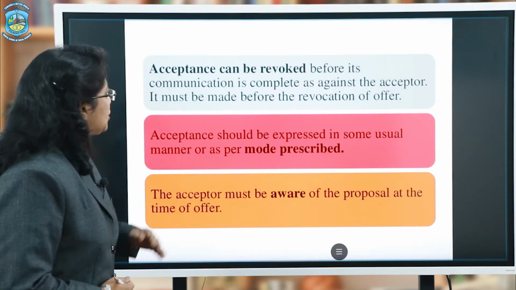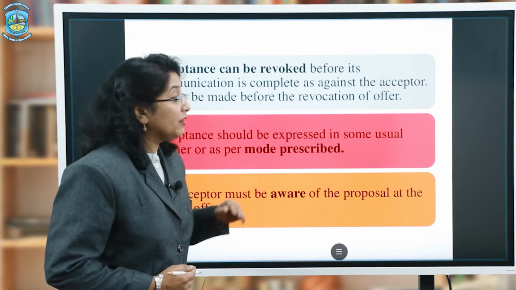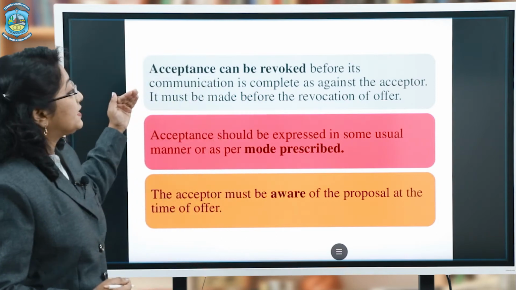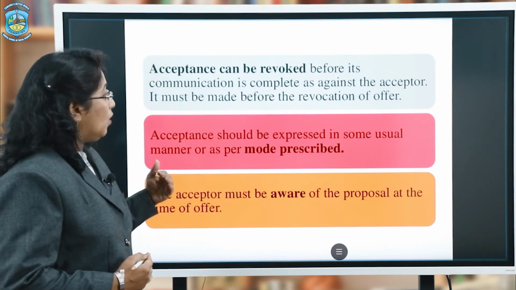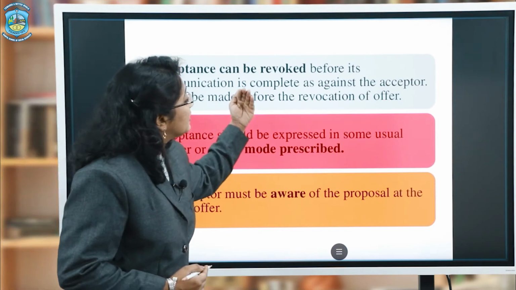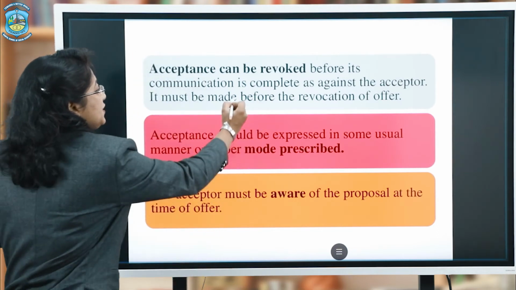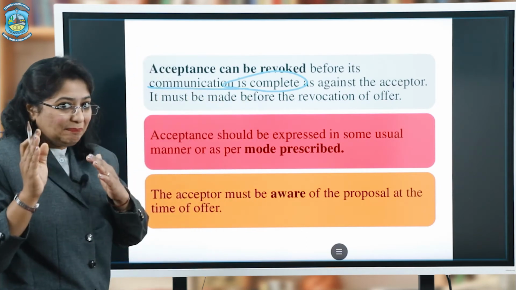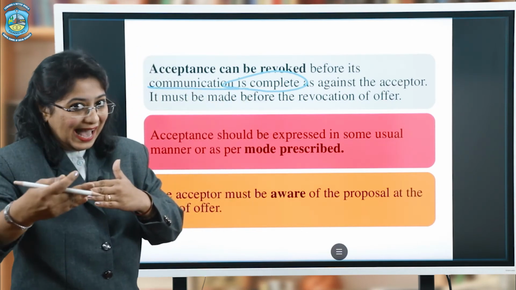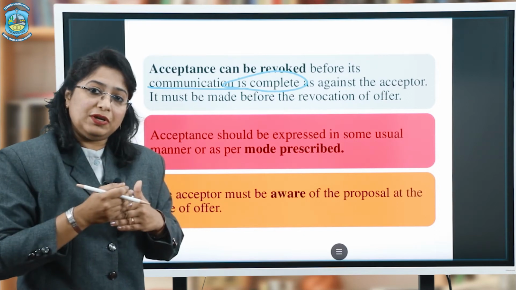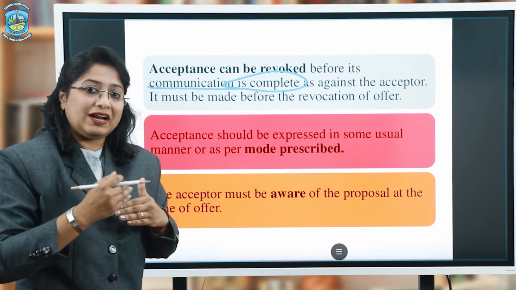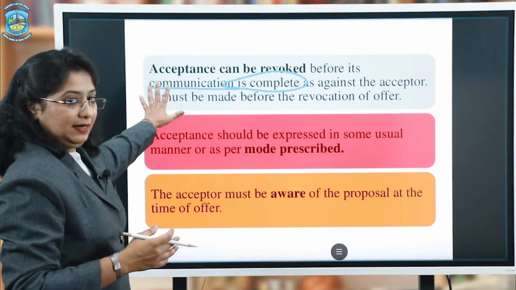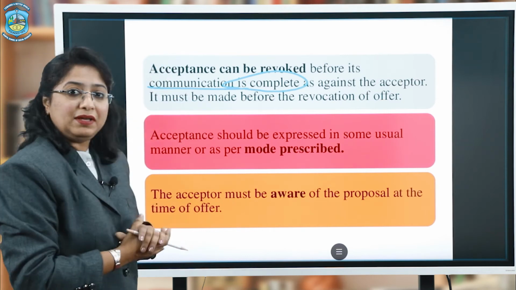The fourth essential is that acceptance can be revoked before it is communicated, or before the communication is complete. It is very important that before the acceptor gives the information regarding the acceptance to the offerer, the acceptance can be revoked.